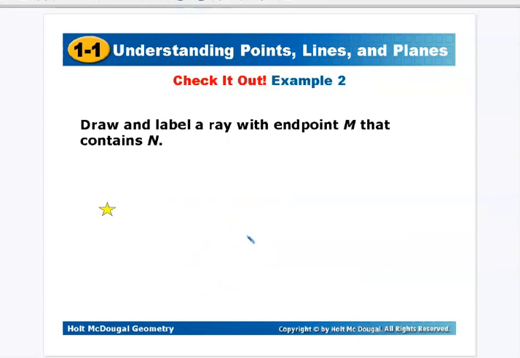Let's try another one. We're going to draw and label a ray that has an endpoint M and contains N. Let's take a look at that. There you go. Now some of you, maybe if you're left-handed, may have drawn your ray starting from the right and going to the left.